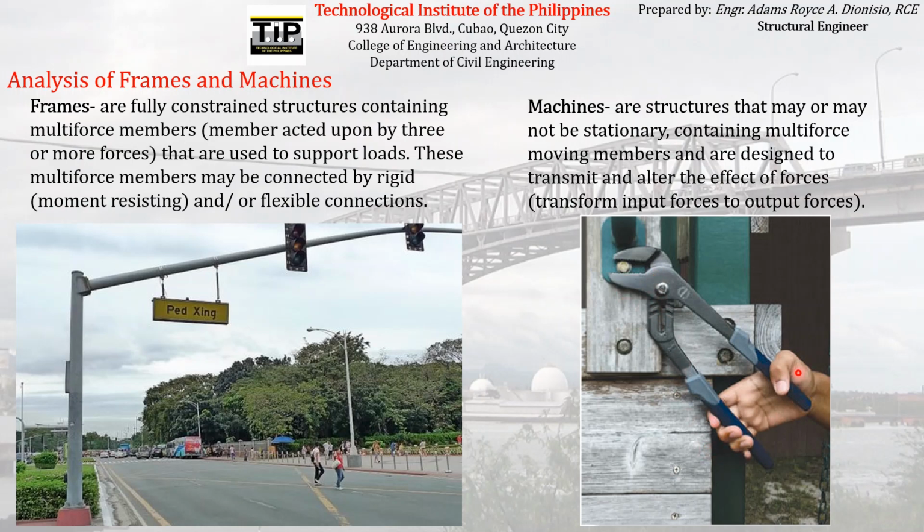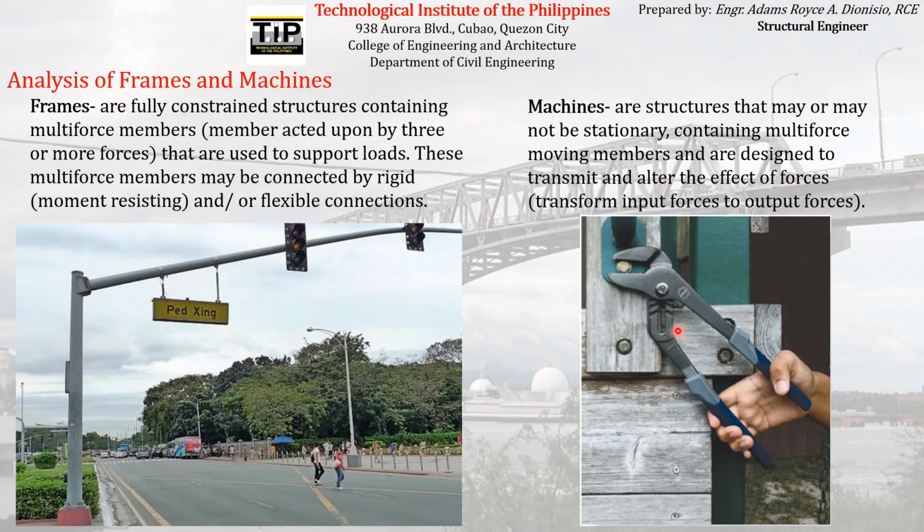Kasi yung input force, yung force na ina-apply nitong kamay dito sa handle ng plier, kino-convert niya into a larger force pa acting on this jaw ng plier. So kumbaga, kahit na mahina lang yung in-apply na force, napapalakas siya nitong machine, natatransform ng plier na to yung maliit na input force na yan into a larger output force acting on this jaw.